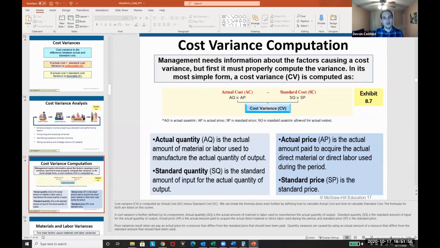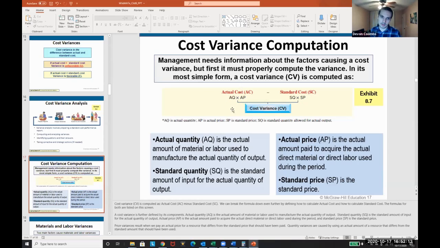And so cost variance computation, memorize this formula. The actual cost is the actual quantity times the actual price. The standard cost is the standard quantity times the standard price. Memorize that. It makes sense, right?